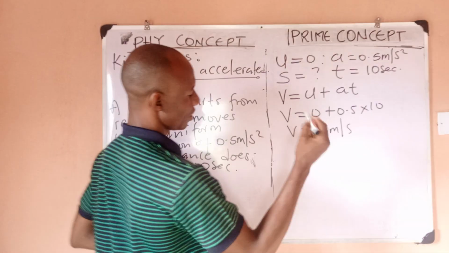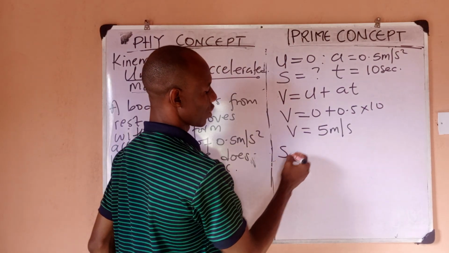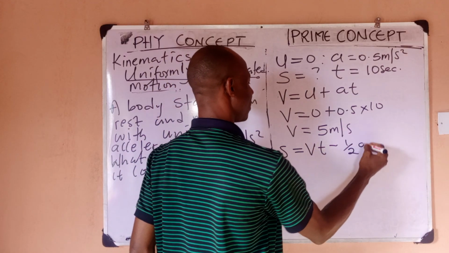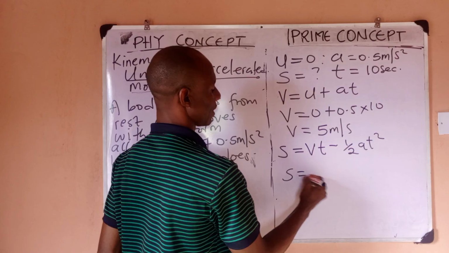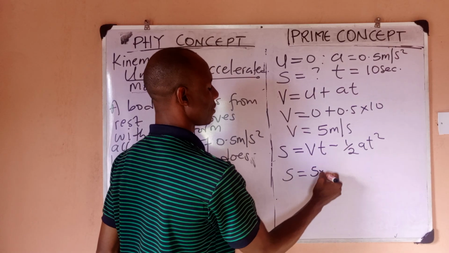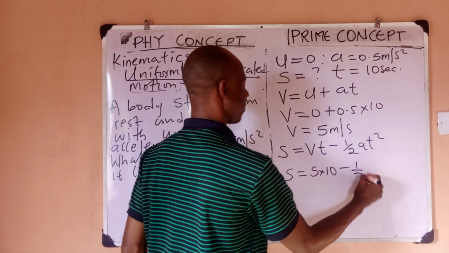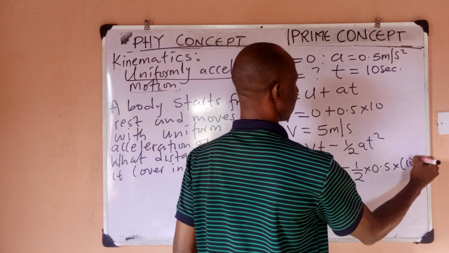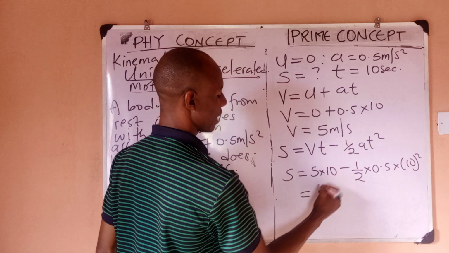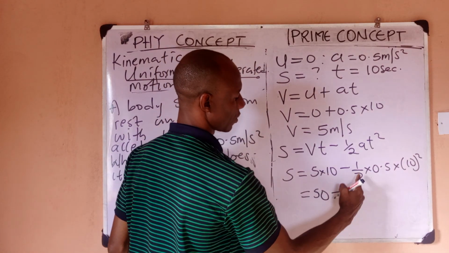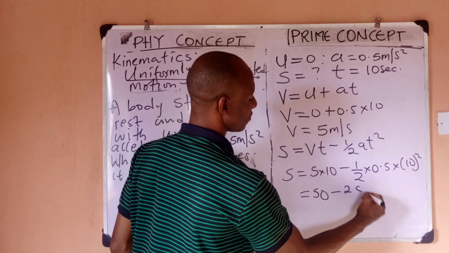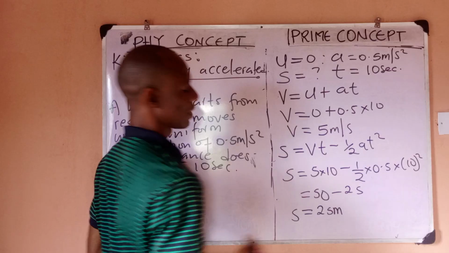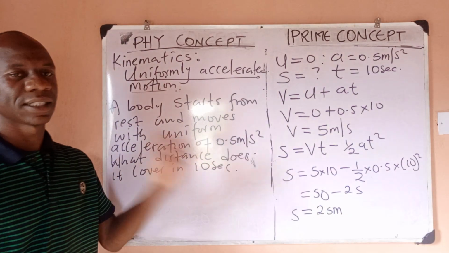Now, if you recall, the fourth equation of motion we derived is s equals vt minus half at squared. So s is v, in this case 5, times t, which is 10, minus half times a, which is 0.5, times t, which is 10 squared. So I have this times this is 50, minus this times this, which will give me 25. So 50 minus 25 is what? 25 meters. So the same result as the previous one.